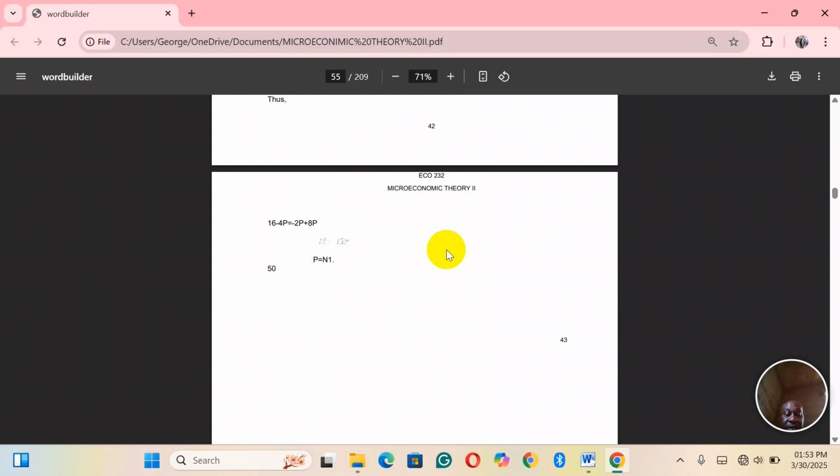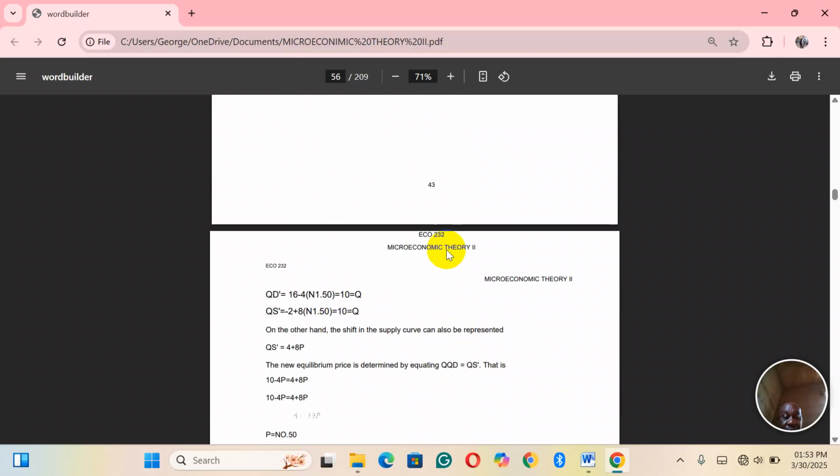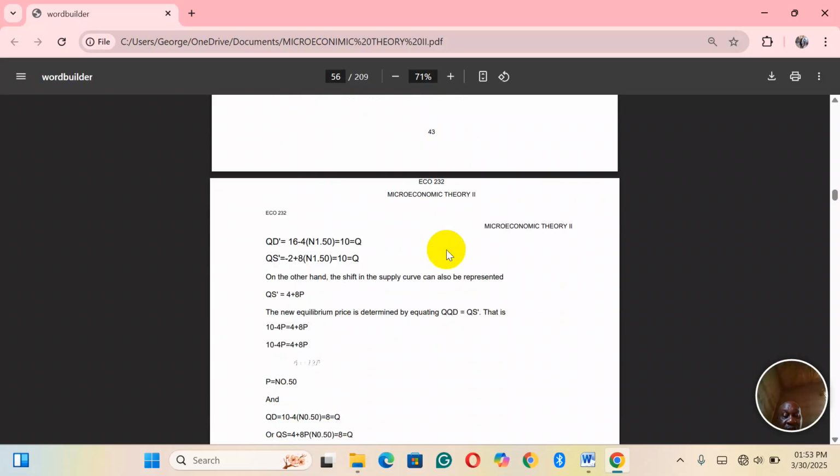So P equals 1.50. Quantity demanded is 16 minus 4 times 1.50, which equals 10, equals Q.